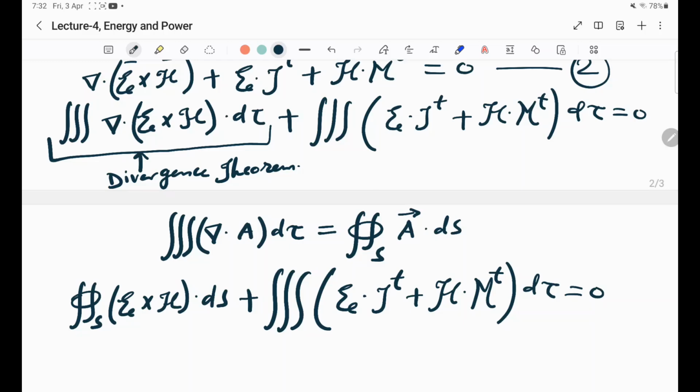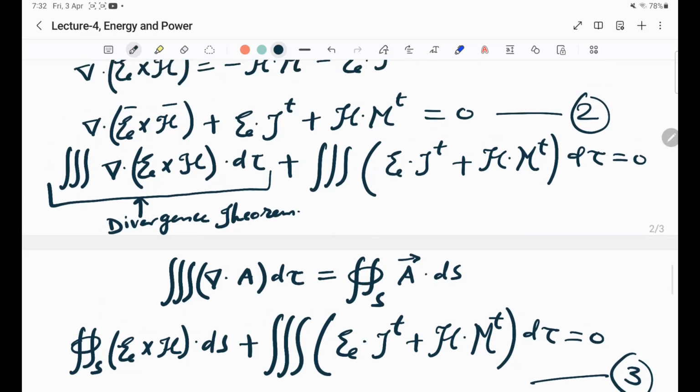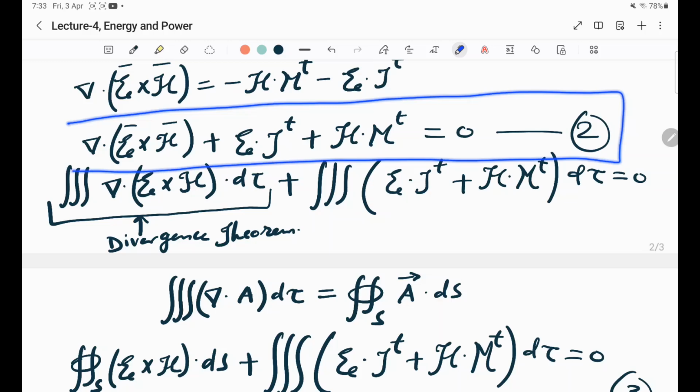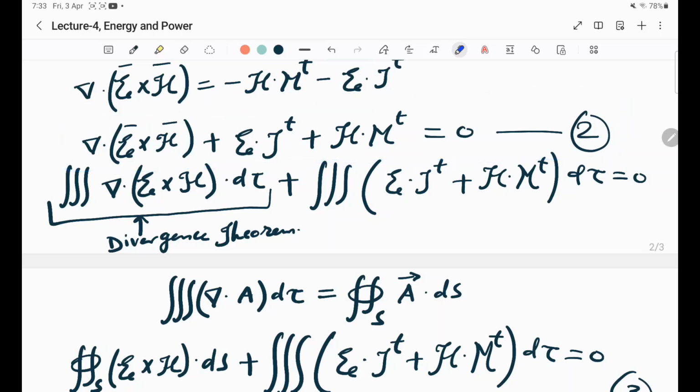Let's call this equation number 3. Now here we are going to use equation number 2, this equation, to further move on and derive the conservation of power.